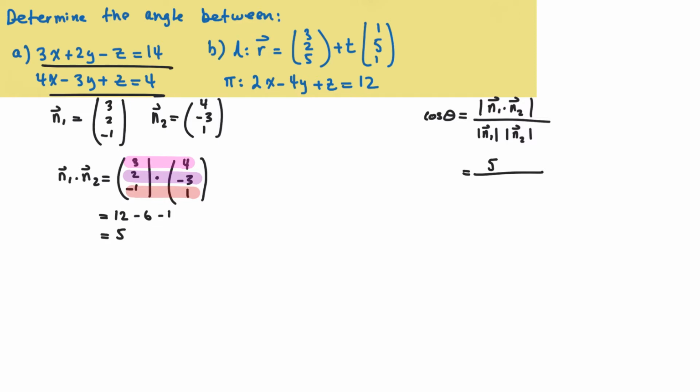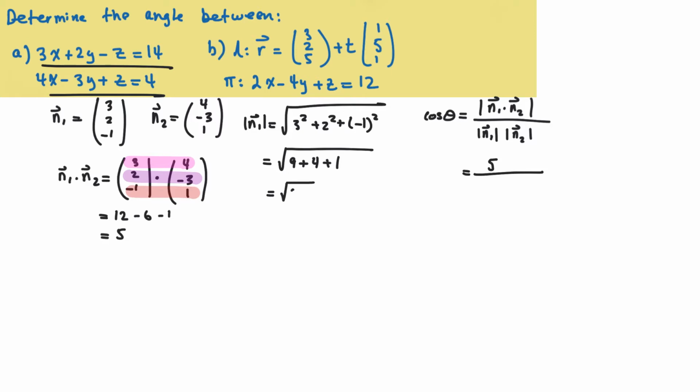Let's find the magnitude of n1. That is going to be the root of the x component squared plus the y component squared plus the z component squared. This will give us root of 9 plus 4 plus 1. 9 plus 1 is 10, plus 4 is 14, so that's root 14, which goes right here.